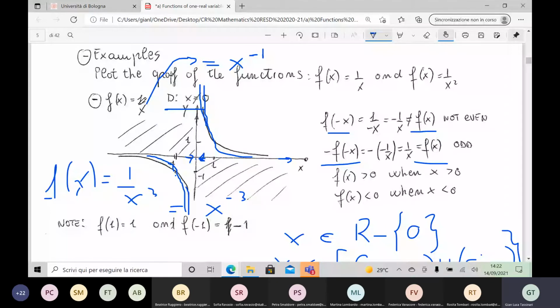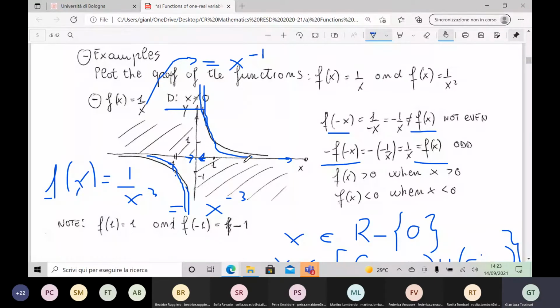This allows you to understand if the one I plotted originally is the graph of 1 over x and not the one of 1 over x to the power 3. But the pattern is the same, only the steepness changes.